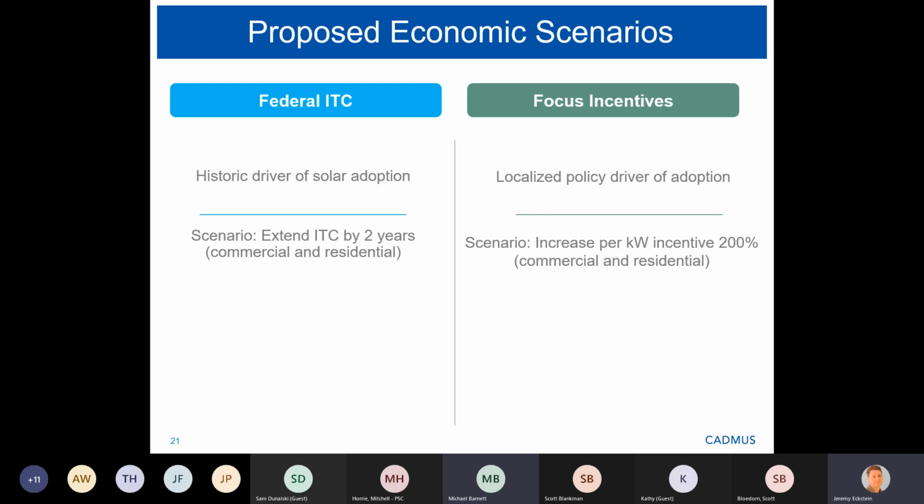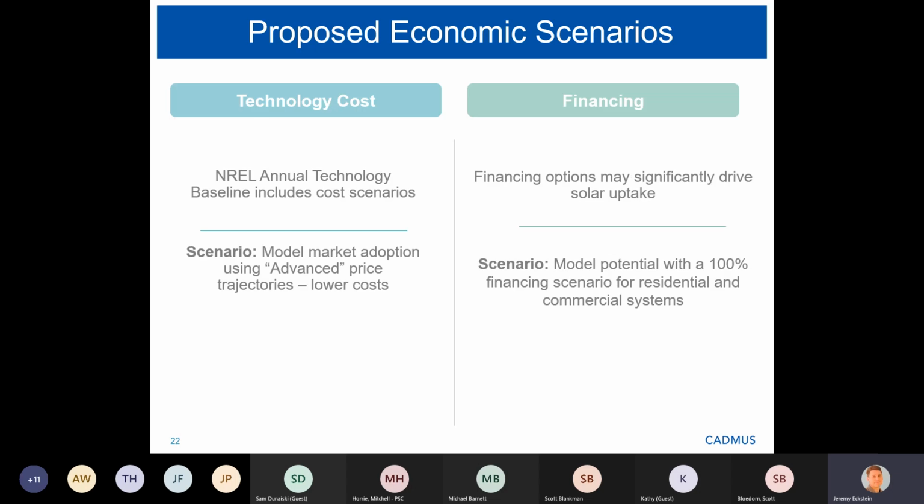Got it. So it sounded like we want some kind of net metering scenario. We want a focus incentive scenario. The tax credits, not so much interest. Technology costs, not so much interest. And then we had proposed a financing scenario.